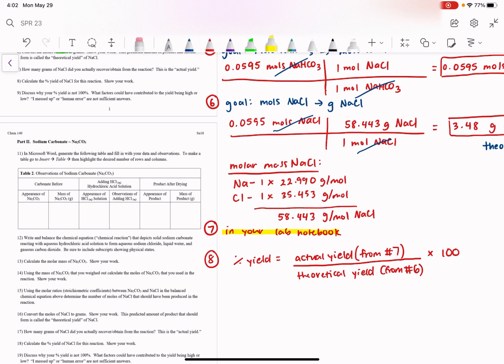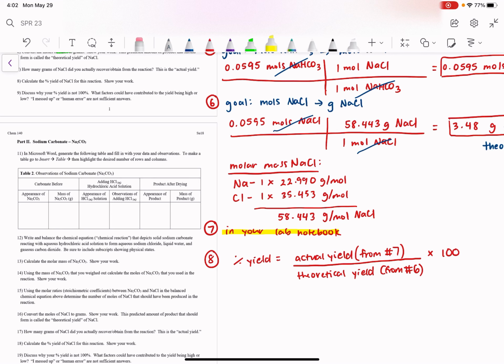What about for number 9? It says discuss why your percent yield is not 100%. What factors could have contributed to the yield being high or low? "I messed up" or "human error" are not sufficient answers. So if you get a percent yield that is higher than 100%, what might have happened? Remember, we dried your carbonate in the oven.